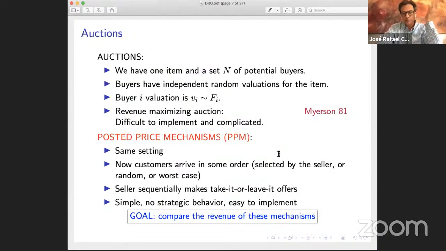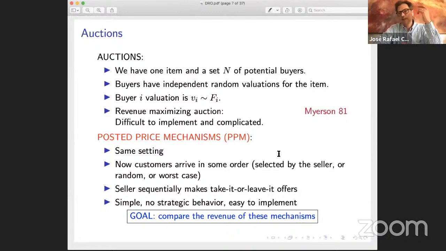And it's interesting because of more recently discovered connections with posted price mechanisms. So now imagine the setting in which you have n potential buyers with independent valuations. And now the benchmark, instead of the prophet, would be Myerson, and Myerson tells you how to compute the mechanism achieving the optimal revenue.